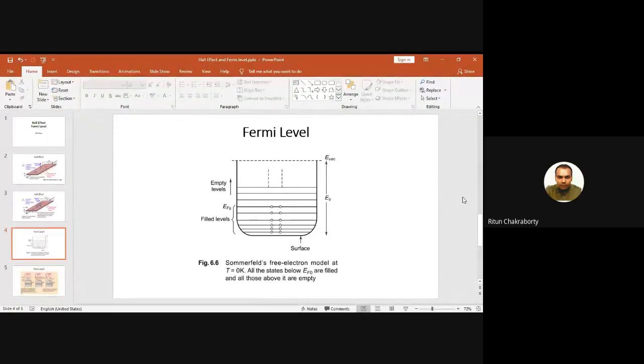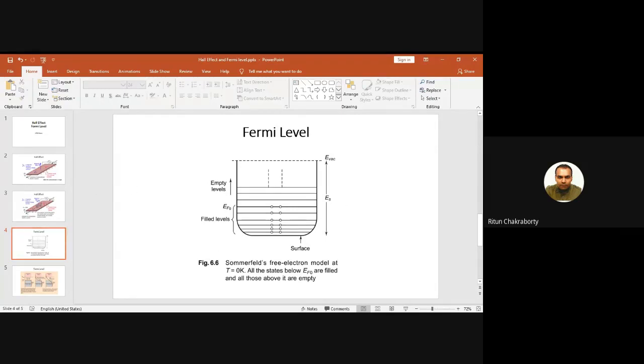Fermi level mostly talks about the distribution of electrons in different energy levels. We know valence band, conduction band, and so on. So what is a Fermi level and how are the electrons distributed? I will read some notes given to you for your class, and then we'll discuss those things.